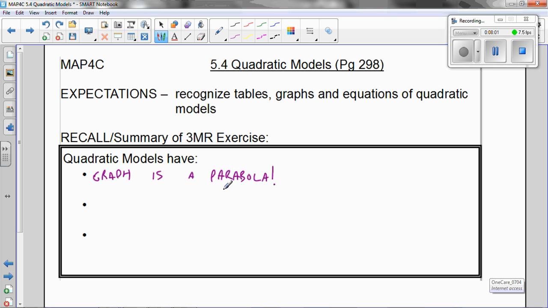The second thing that we should remember is the table. They have the second differences constant. Remember what I mean by differences is the difference between y values, as long as the x values go up by the same amount. Second difference is constant.